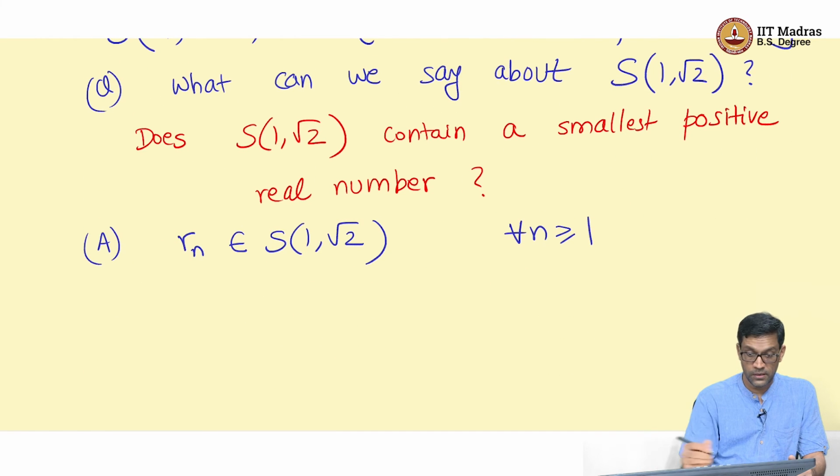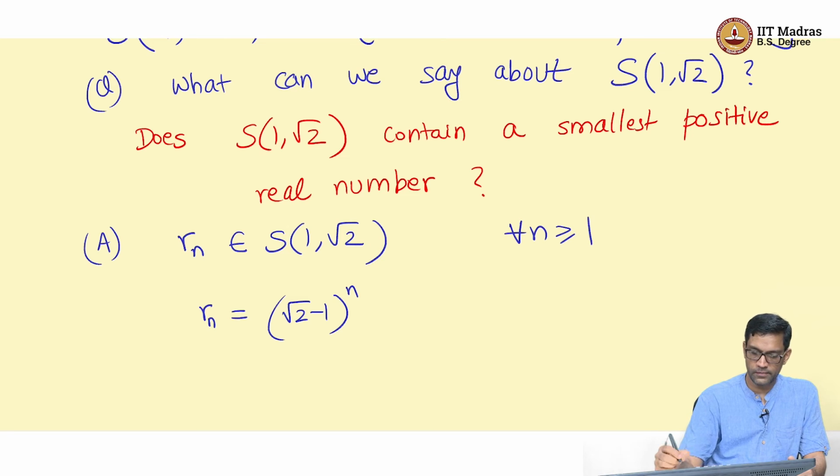So what does that mean? It means in particular that, so you recall what is Rn? Rn is actually R1 power n. So remember Rn was actually root 2 minus 1 power n, or Rn is R1 power n. And what can we say about these guys? Well, remember R1, which is root 2 minus 1, is a number between 0 and 1.